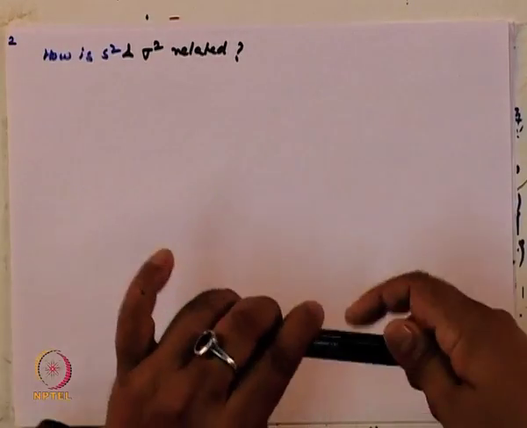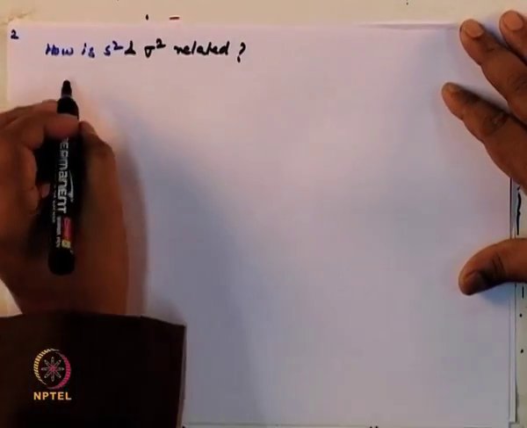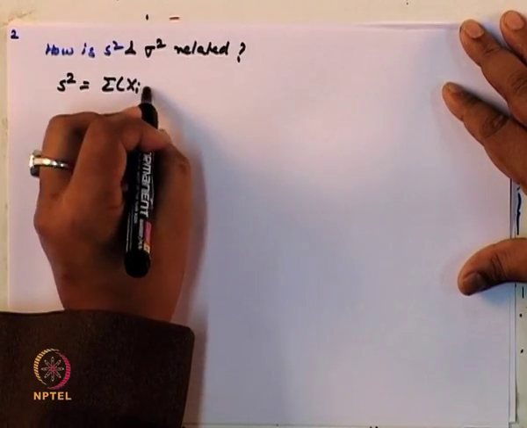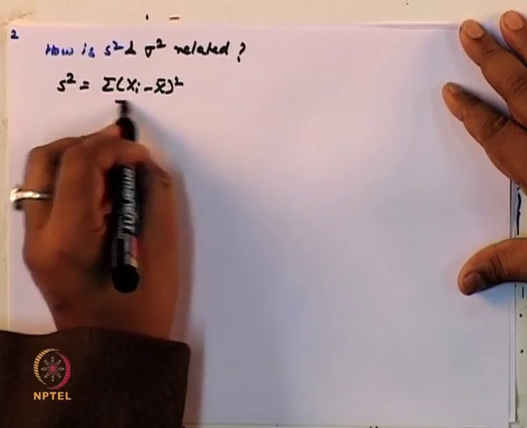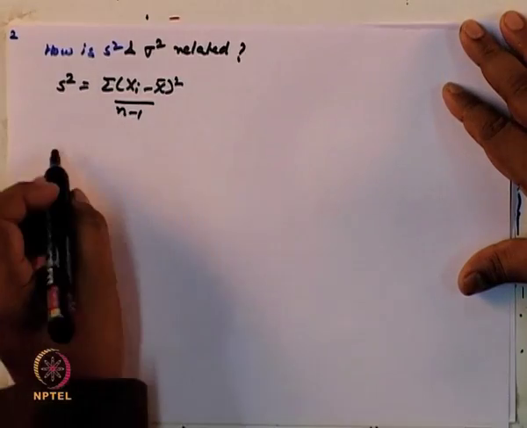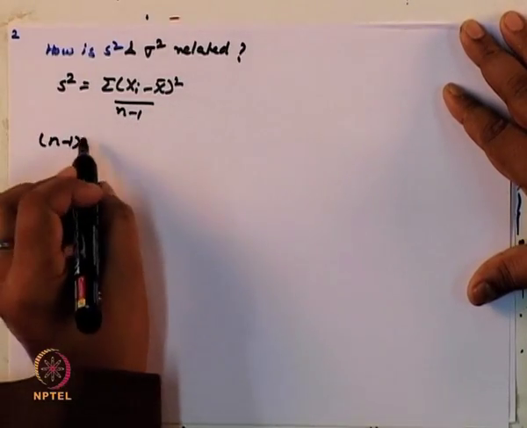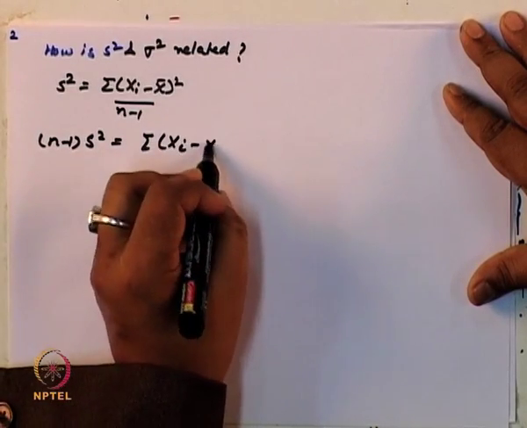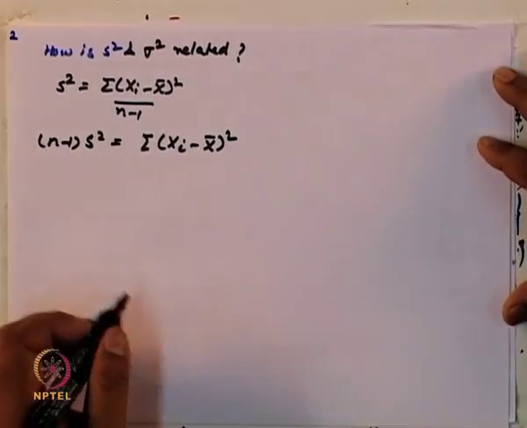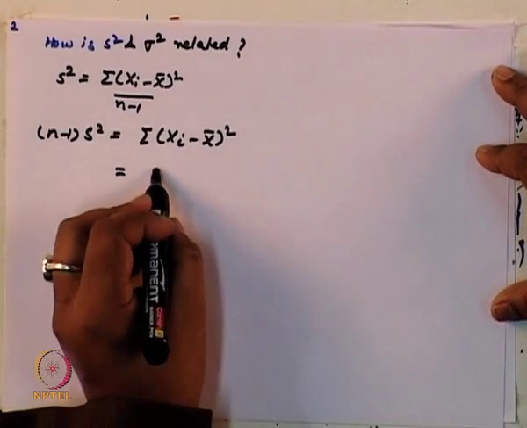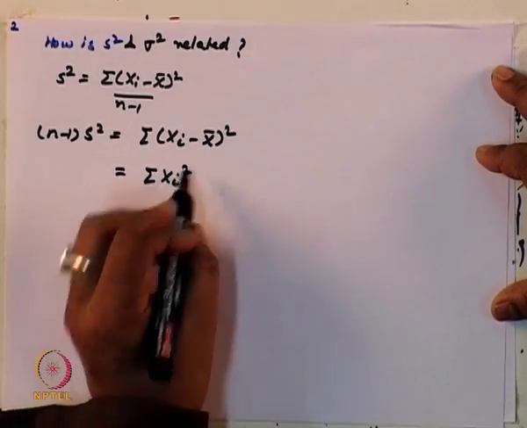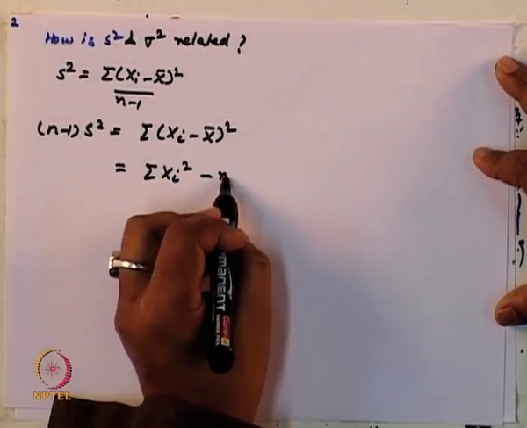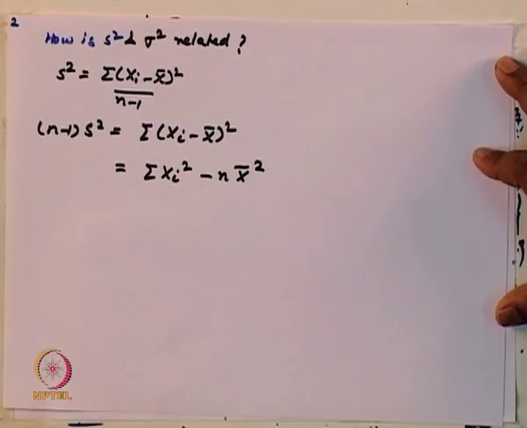Since S square is the summation of (x_i minus x bar) whole square by n minus 1, I can write n minus 1 times S square equal to the summation of (x_i minus x bar) whole square. Expanding this, as we have done before, it can be shown to come out to be the summation x_i square minus n x bar square.